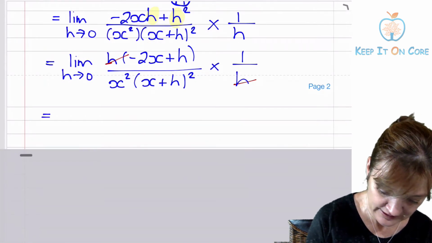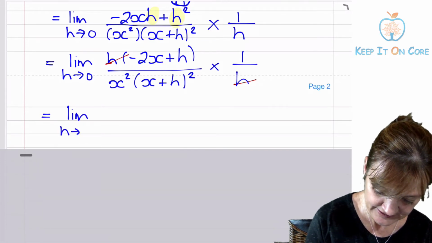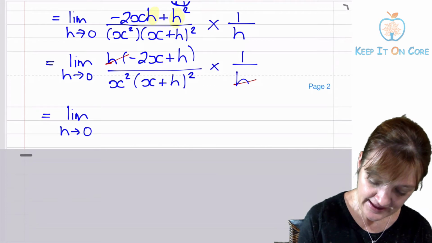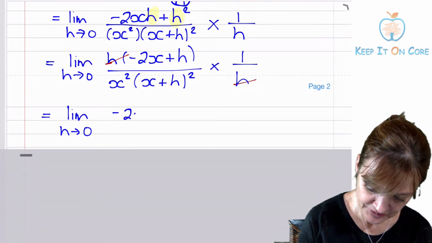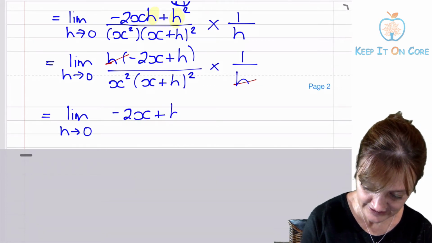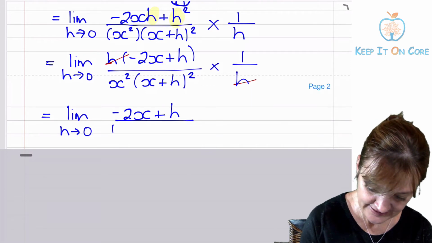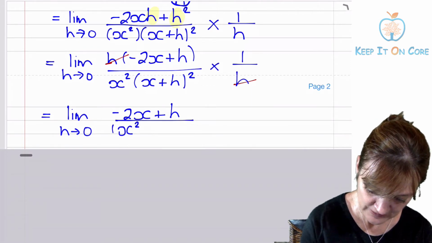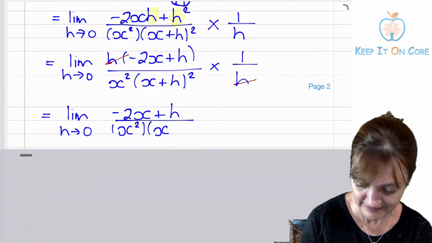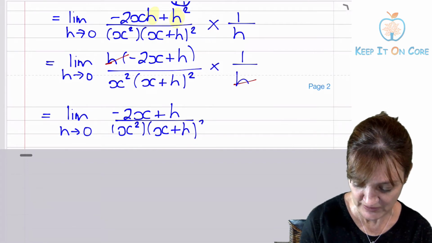We've still got the limits. I'm not ready just yet. Let's just see what we've got now. We've got a negative 2x plus an h, and it is sitting over an x squared multiplied by an x plus h squared.